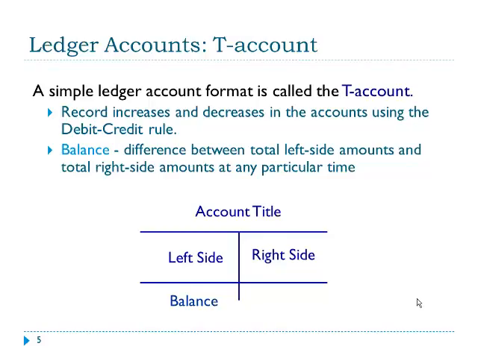So if there are more debits than credits, the account is said to have a debit balance. On the other hand, if there are more credits than debits, then it has a credit balance. What we see here is a debit balance account.